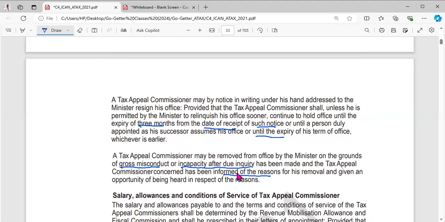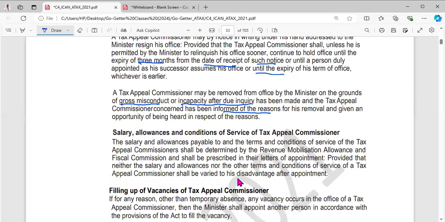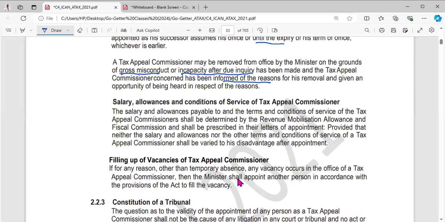Now, are these people doing their job for free? No. There are salaries, allowances, and conditions of service for the tax appeal commissioner. The salary and allowances payable to these people shall be determined by the Revenue Mobilization Allocation and Fiscal Commission.